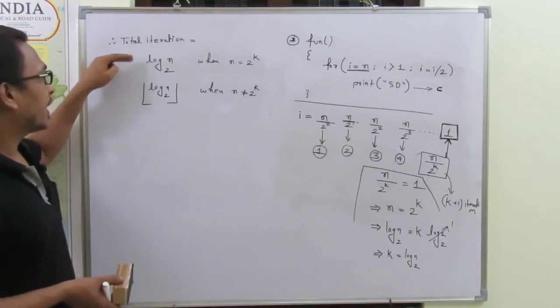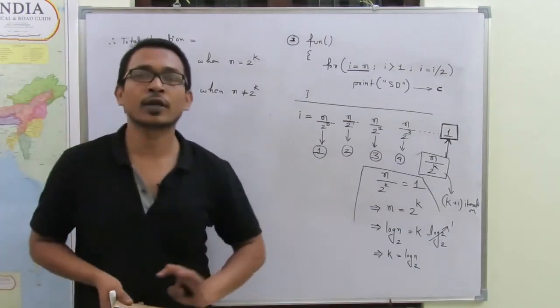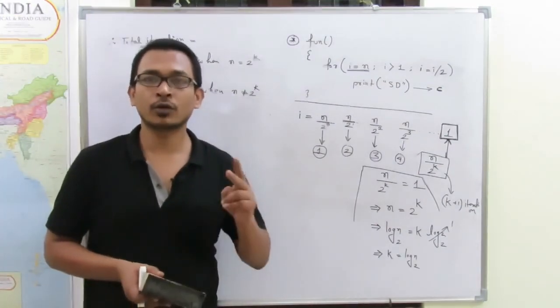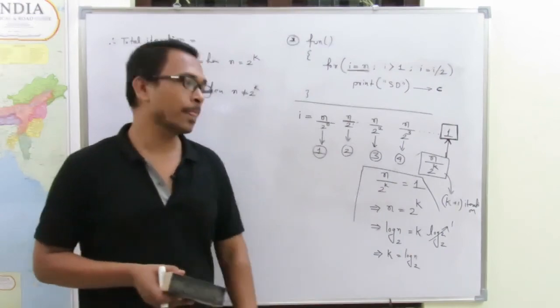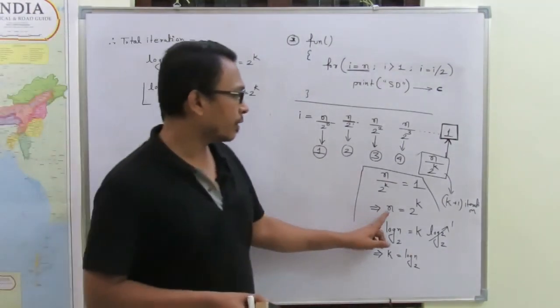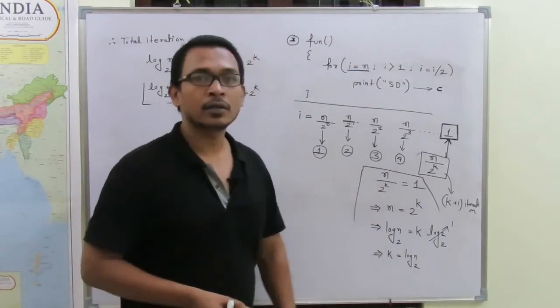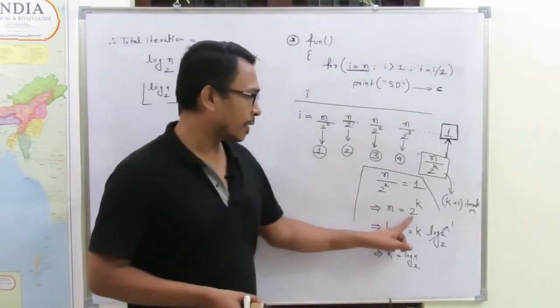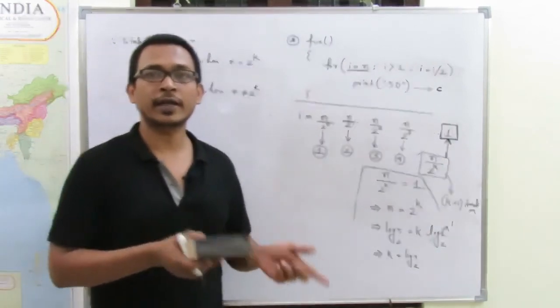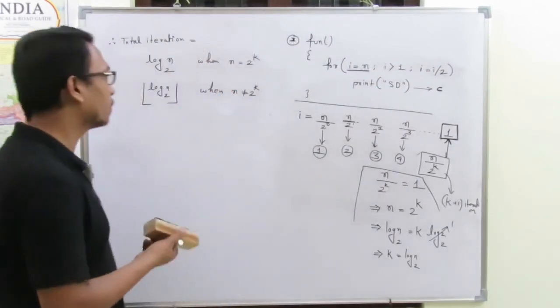But they will not give both of these options at the same time, that is guaranteed. So you need to focus on these two scenarios: when n can be 2 to the power k, and when it is not 2 to the power k. Clear?